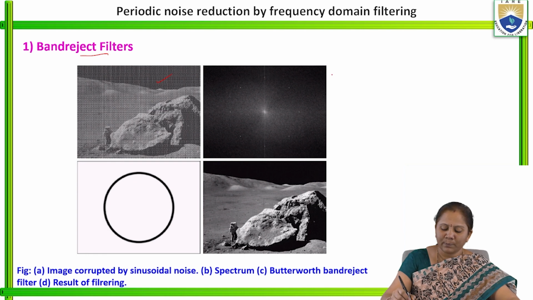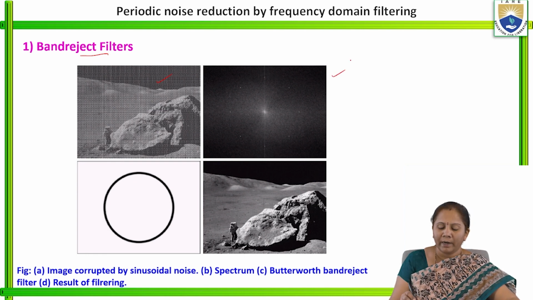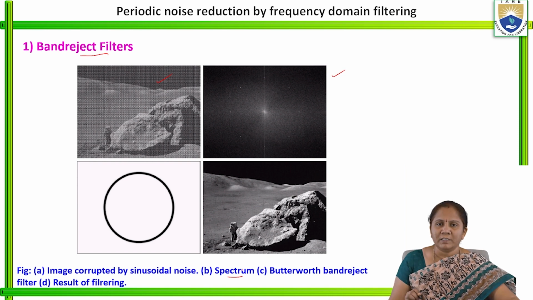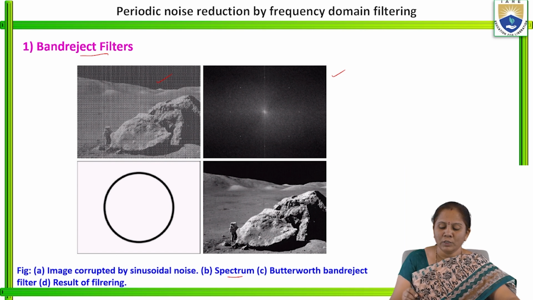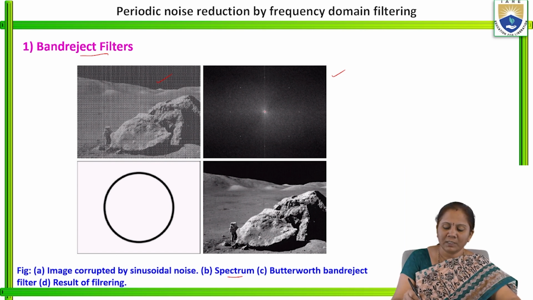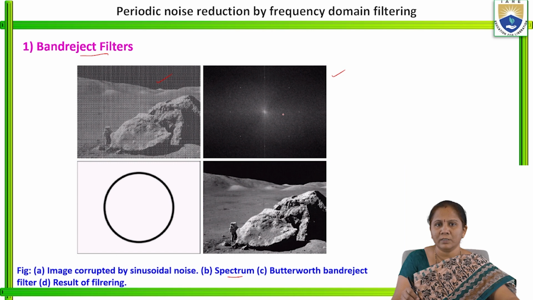And this plot represents the spectrum of the input degraded image. In this spectrum we can observe small white dots. All these are the frequencies that should be rejected, that is, they are considered noise here.